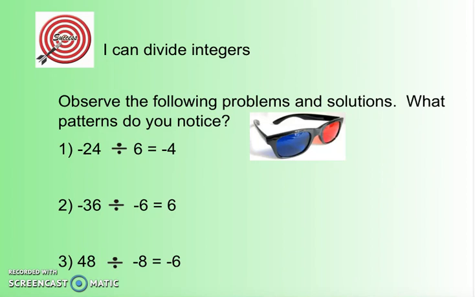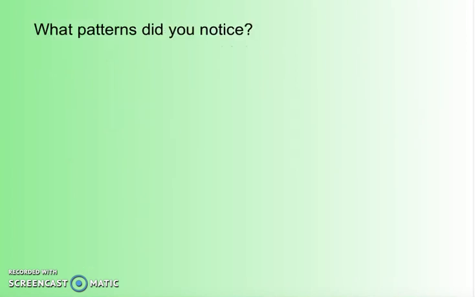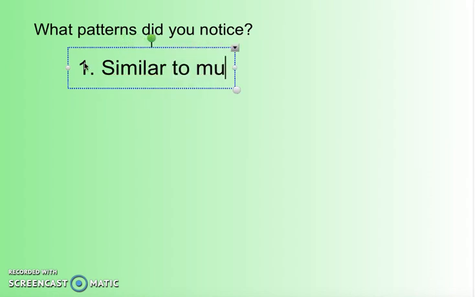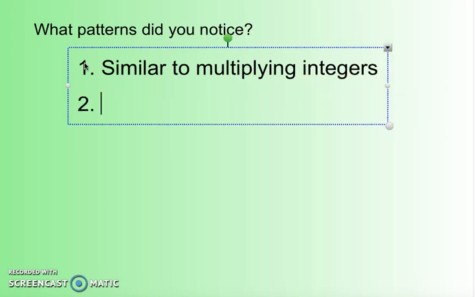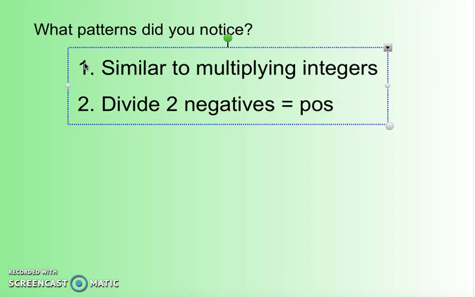Well, the first thing I notice is it is very similar to multiplying integers. And what I mean by that is I notice that when I divide two negatives, I got a positive answer.